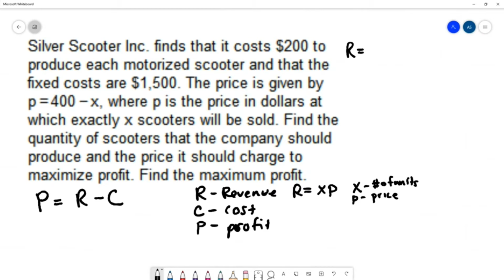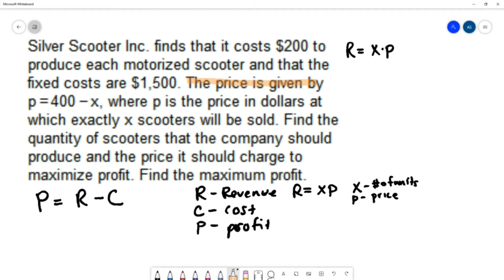Revenue is going to be X times P, where P is the price. Now we do have to be a little careful here because we have a capital P for profit and a lowercase p for price. This is the lowercase p for price. So I'm going to highlight the sentence we're going to use.